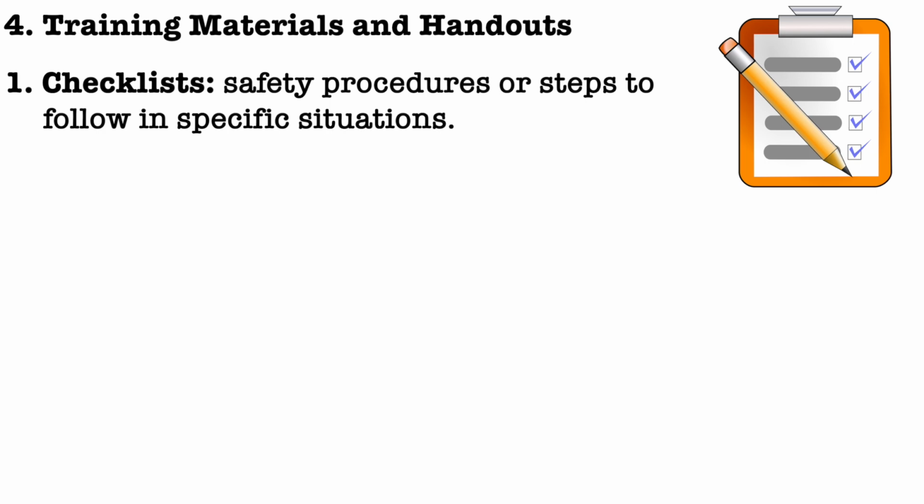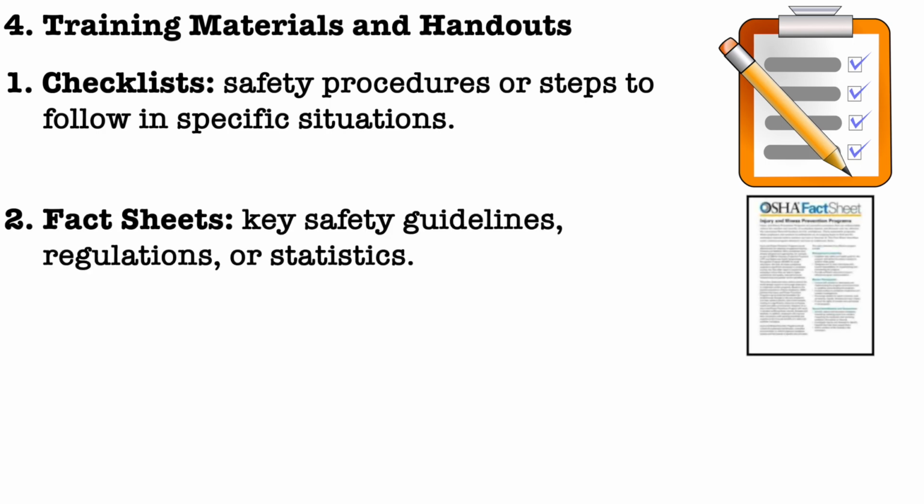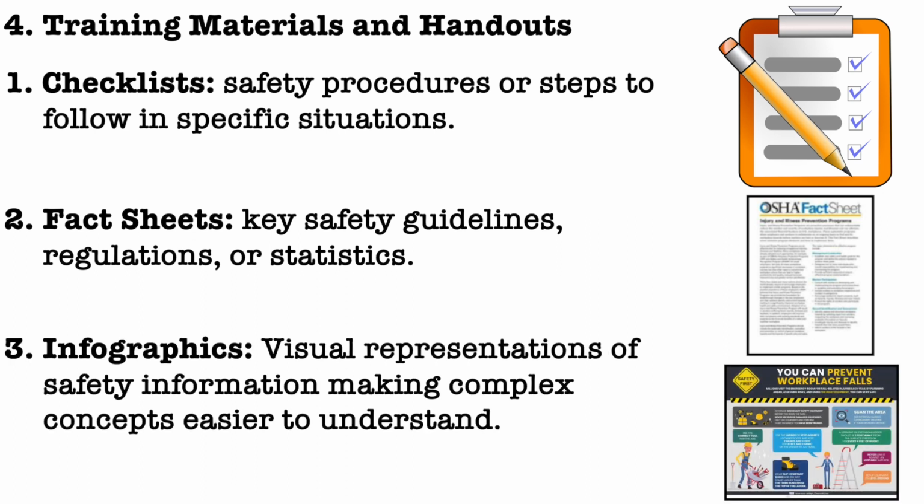Next one is fact sheets. It means summaries of key safety guidance, regulations or statistics. Next one is infographics. It means visual representation of safety information, making complex concepts easier to understand.